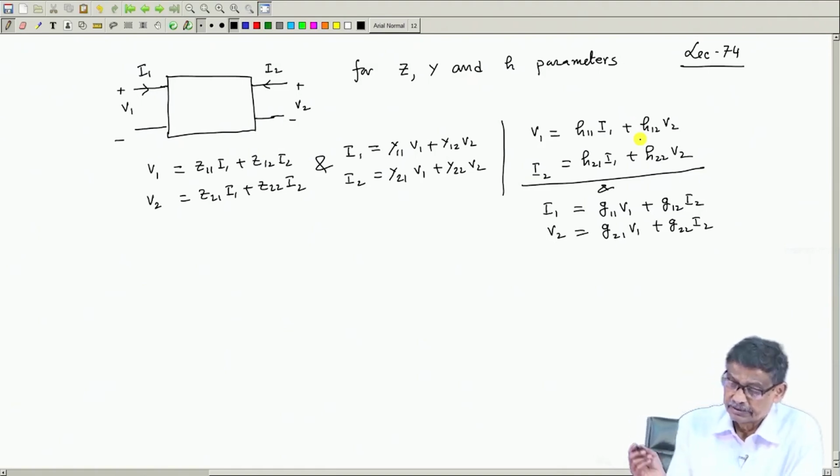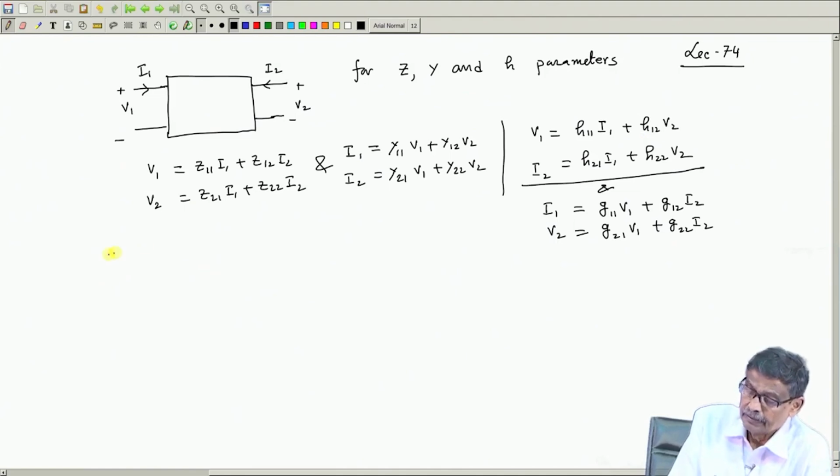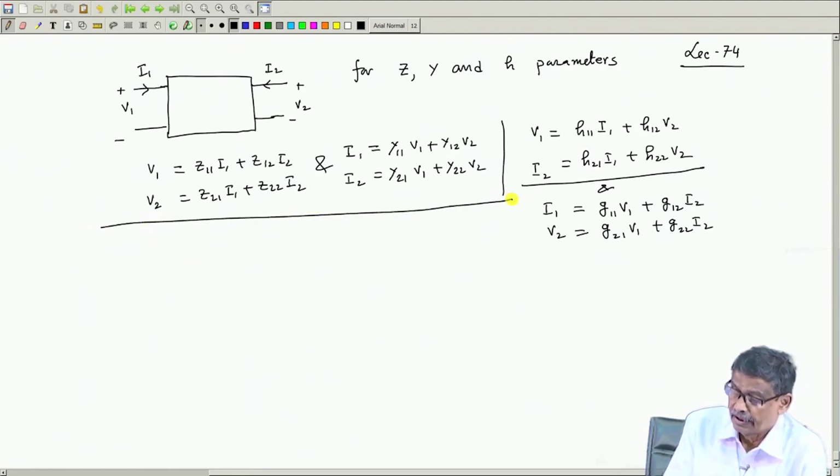Then in my last class I told you that there is another set of parameters called ABCD parameters, and here it is written like this.